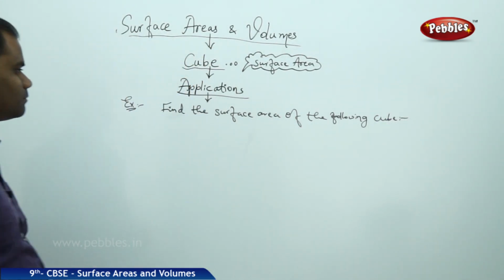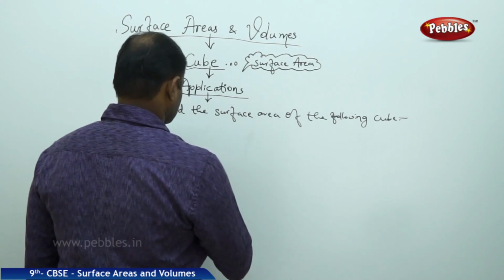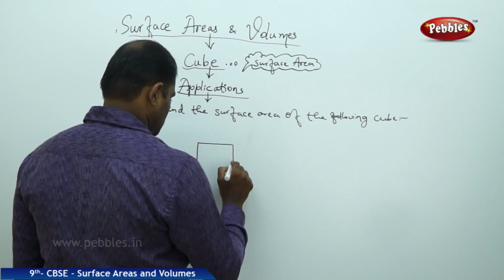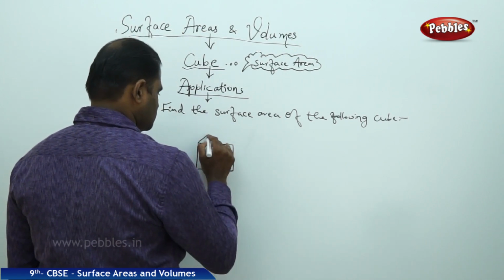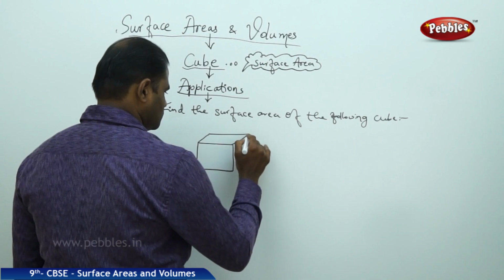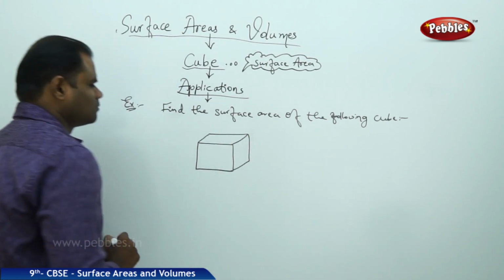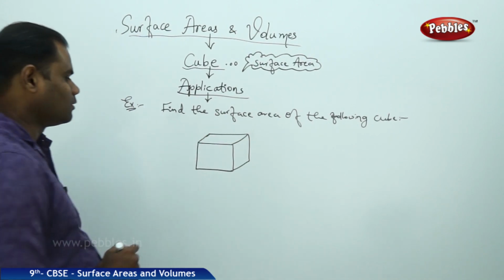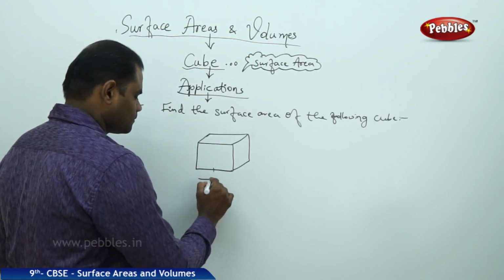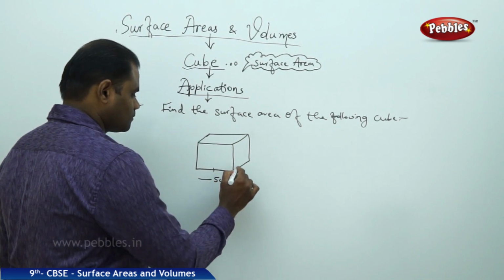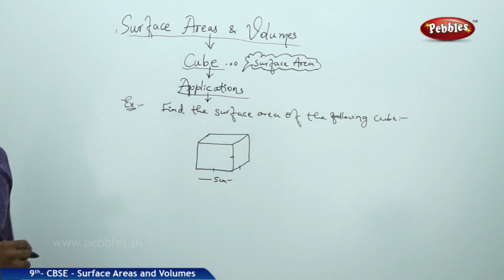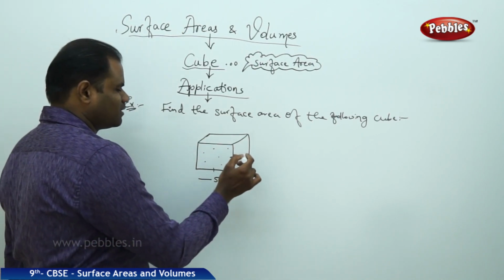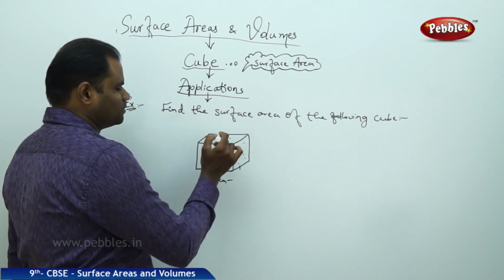So here I have a cube, and I need to find the surface area of this cube in which the side is given to be 5 centimeters. So surface area of the cube.